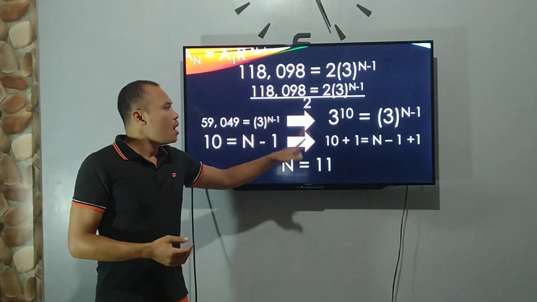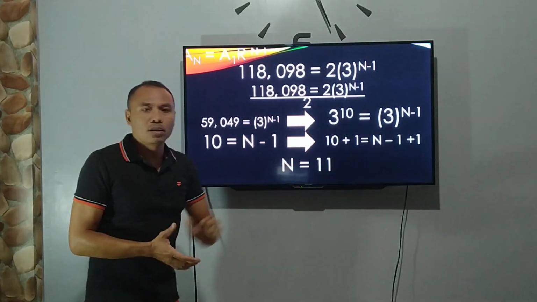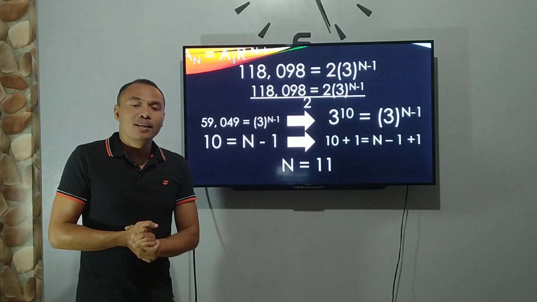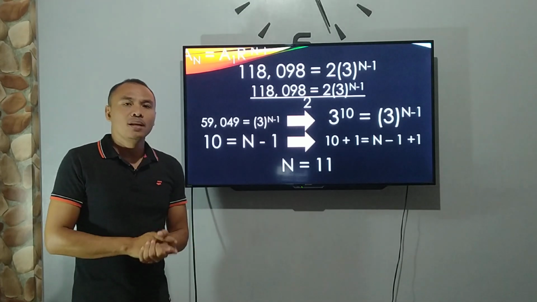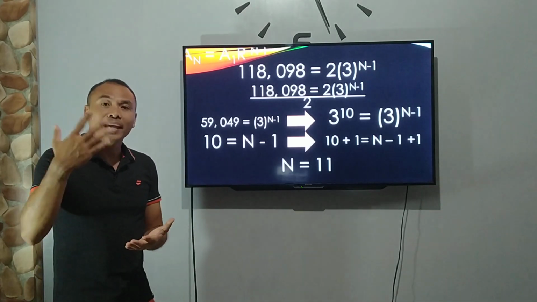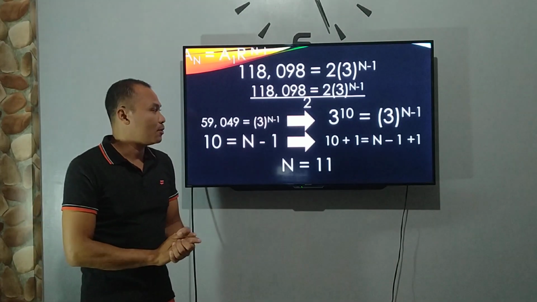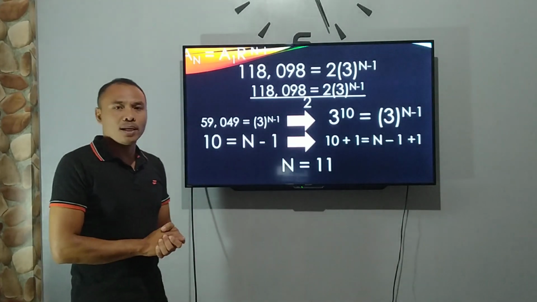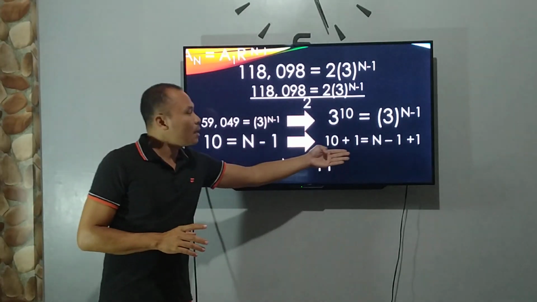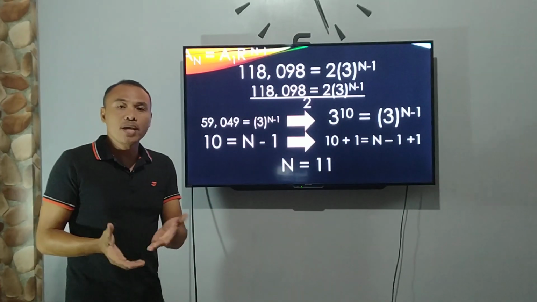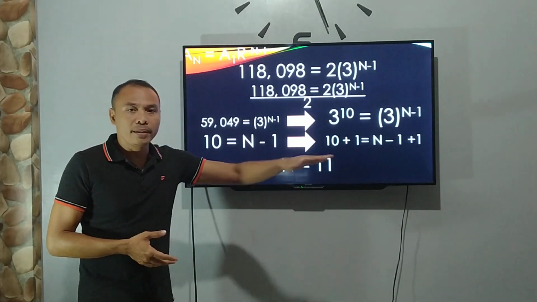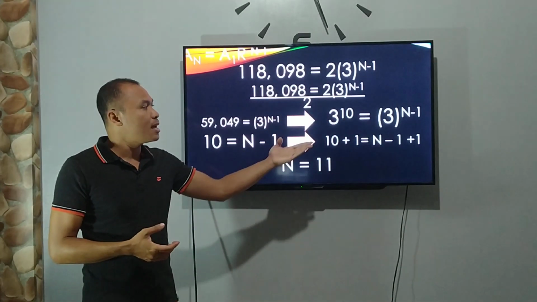That is your lesson in grade 7, with teachers Ma'am Kazel and Ma'am Lorraine. That is what we call the addition property of equality. To get the value of n, since we're looking for the value of n, negative 1 plus 1 is 0. So what remains is n.